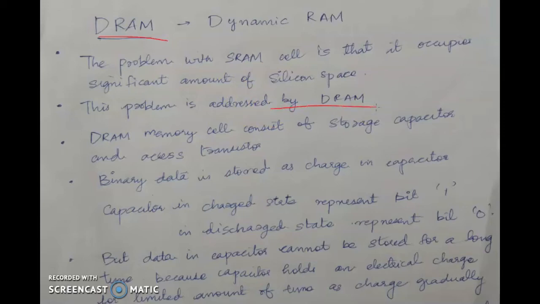In a DRAM memory cell, it consists of a storage capacitor and an access transistor. Binary data is stored in the form of charge inside the capacitor. The capacitor in the charged state represents 1 and the discharged state represents bit 0.